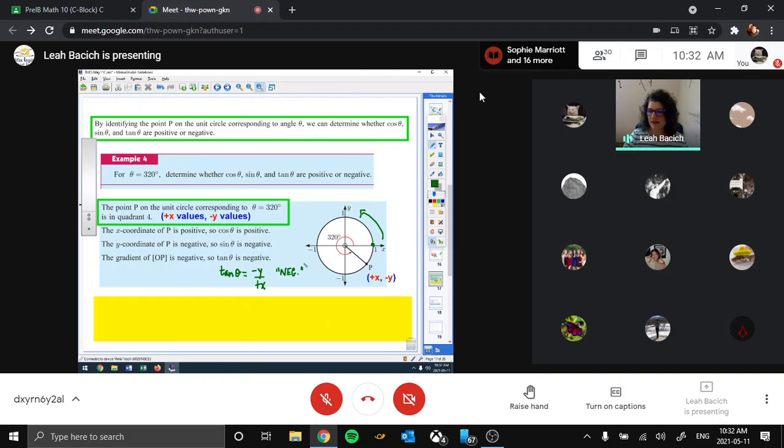Okay, so I didn't even get sine and cosine yet. It didn't matter. I just wanted us to think about, well, what would tangent be? Well, I know that cosine is going to be positive, because to get to this point, don't I have to go over and down? So that's positive x and negative y.